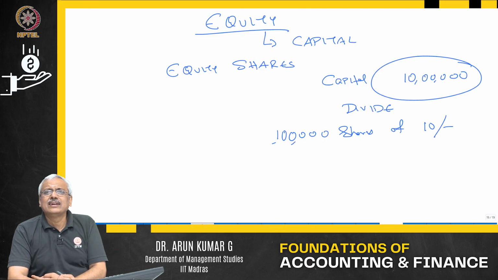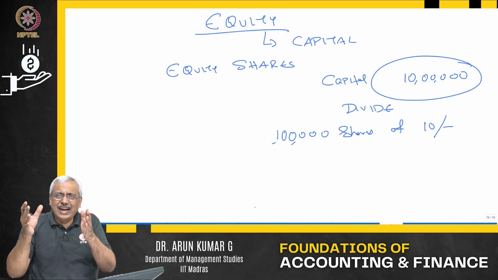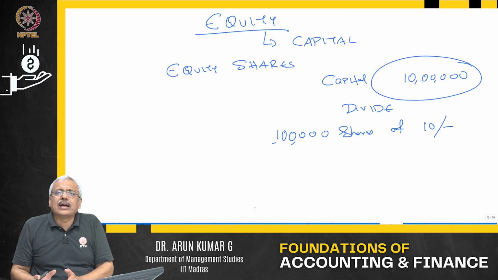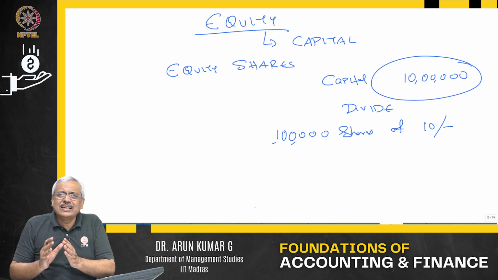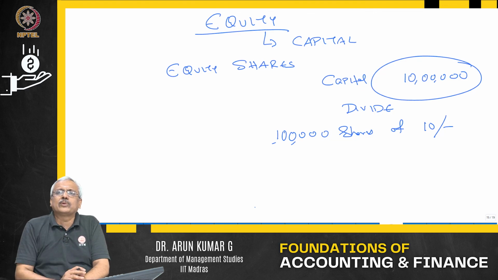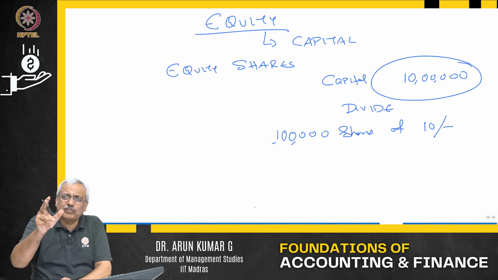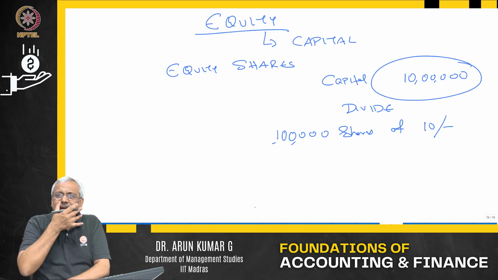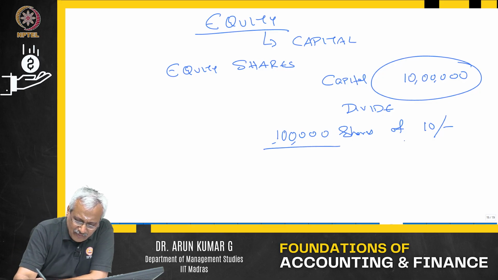What do you mean divide? 10 lakhs is the capital cash I require. I will decide to print a share certificate, and each certificate is worth 10 rupees. I have divided this into 1 lakh shares of 10 rupees each.